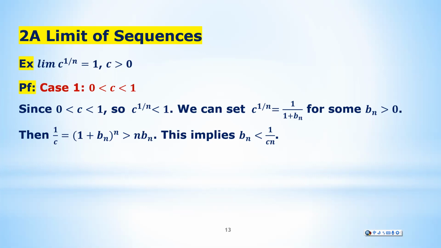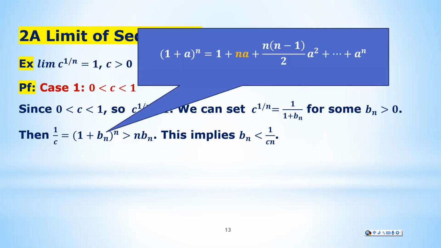I didn't show the reason, but in the actual proof, you can write this down because there is a formula behind this. Think about the binomial expansion, like the formula 1 plus a to the n can be expanded to be 1 plus n times a, plus many other terms.